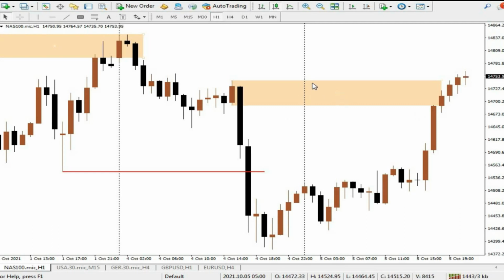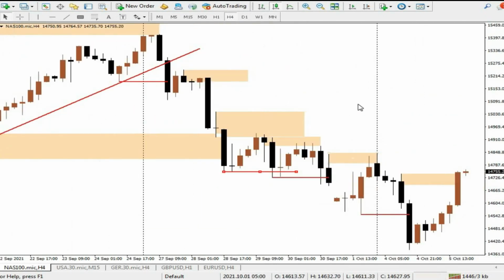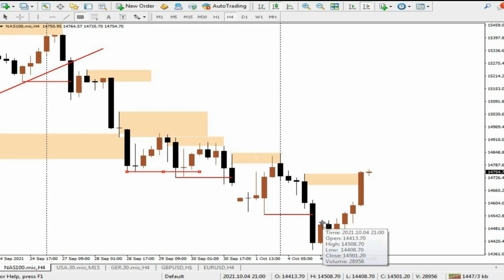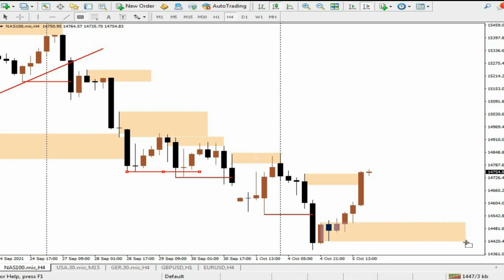So when the market have taken out the previous low high, we are now expecting for the buy. So we are no longer looking for sell, and you can see that's where the low high was at. So the next order block which you are looking for is this one, because that's where the last base rally was issued. So that's where you expect the price to come and pick up the orders and shift the market going up.